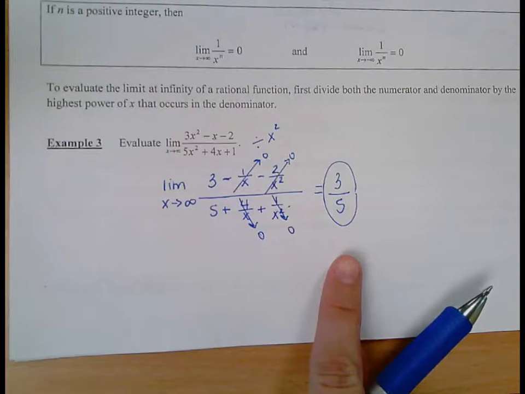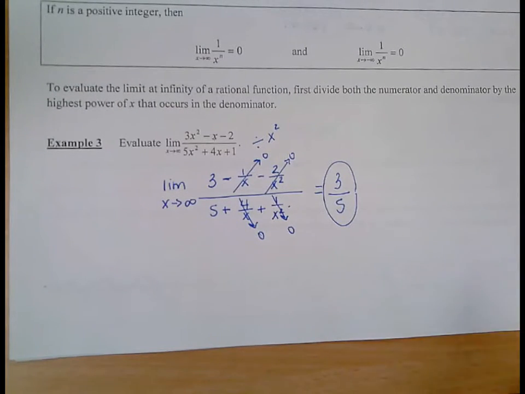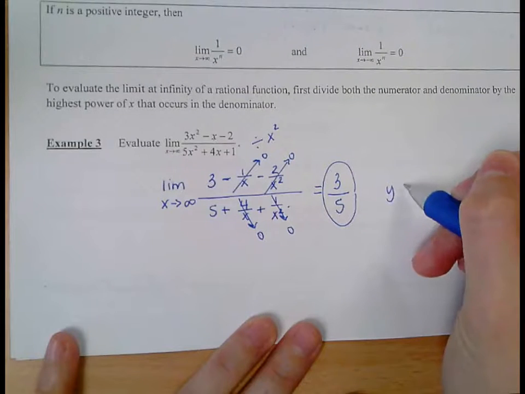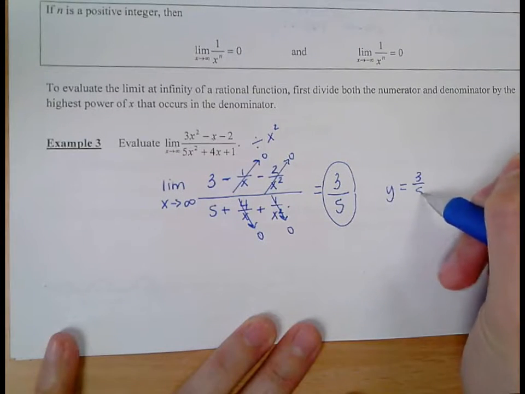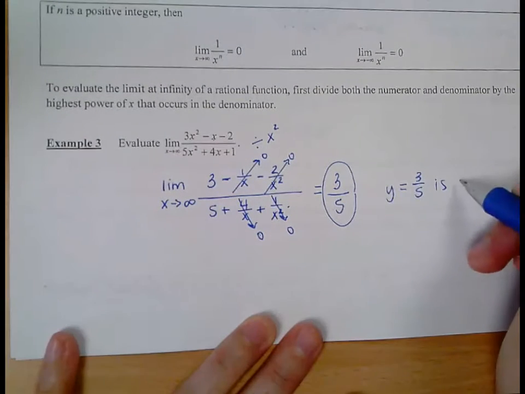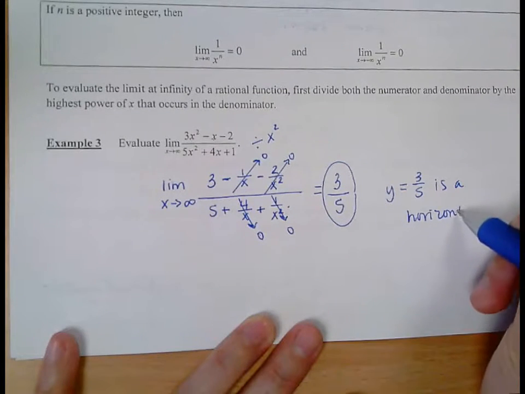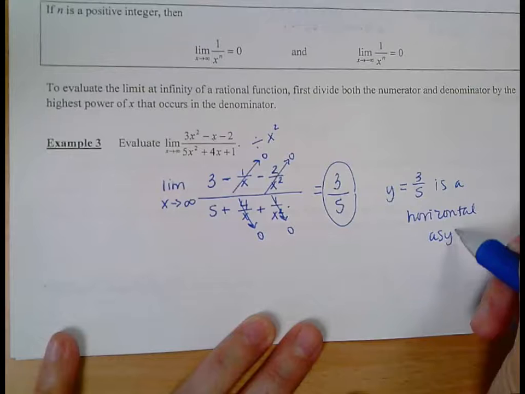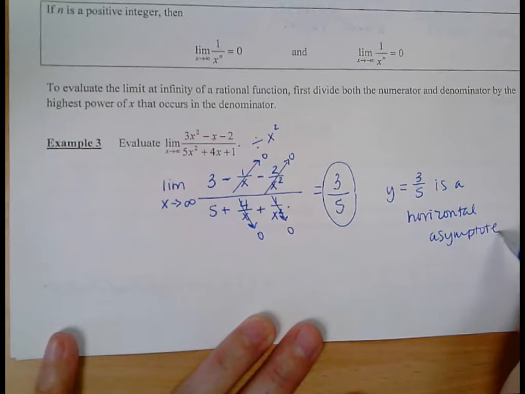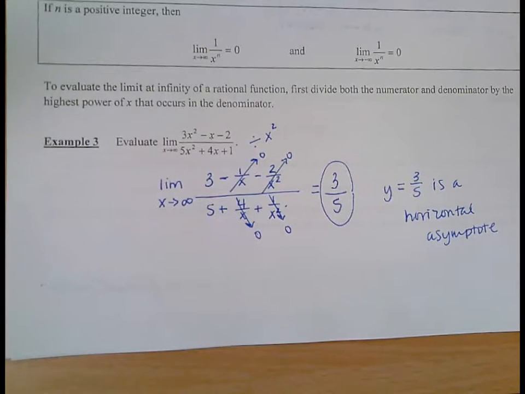All right, and what this means, it doesn't ask us this, but so you tie in the meaning of this: this means the line y equals 3/5 would be a horizontal asymptote. So it's not asking us that in this question, but just so you tie those ideas together, when you're asked to find horizontal asymptotes, that's what that limit actually represents.